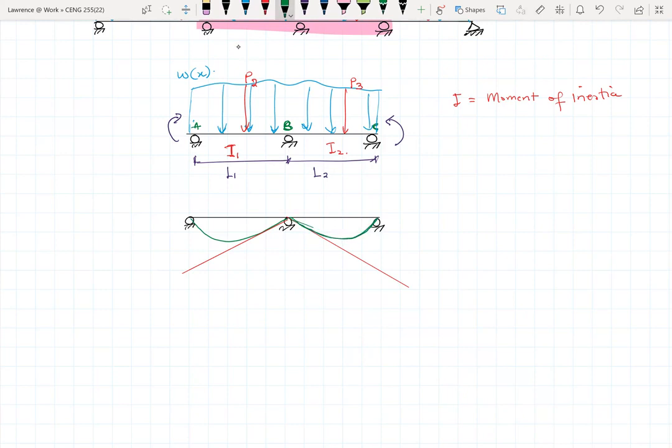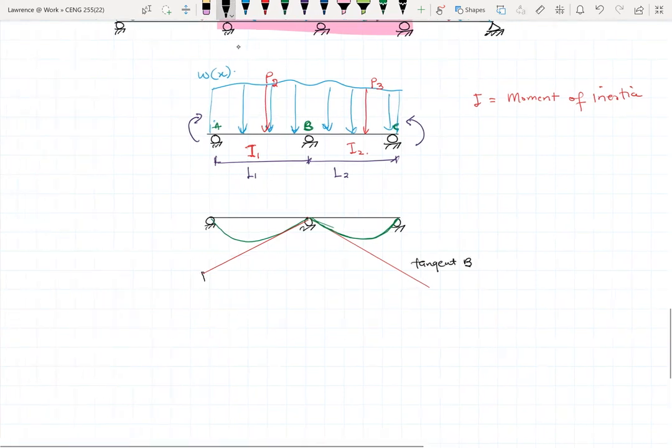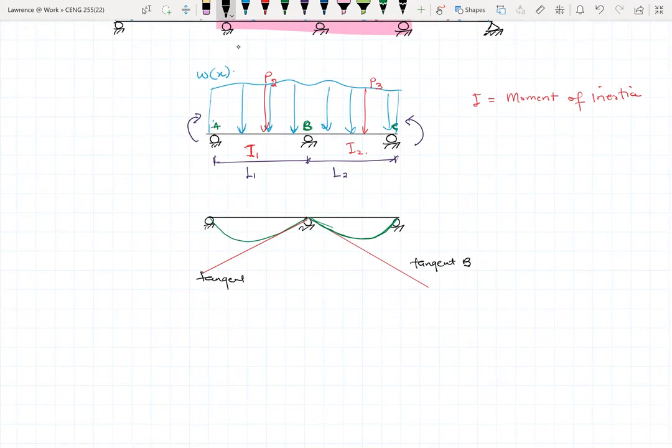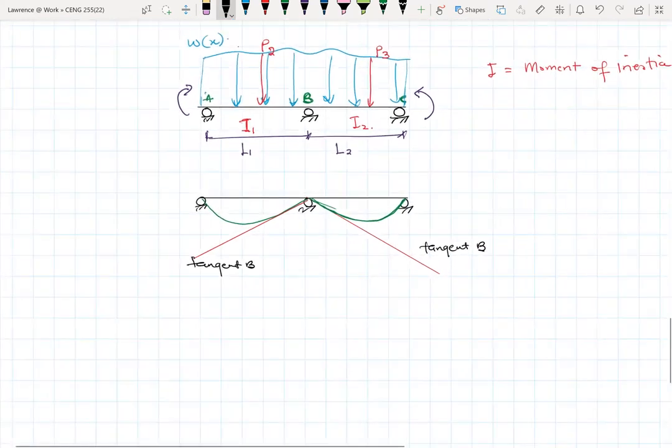This is tangent at B, and this is tangent again at B. The slope on this side is theta BL, and the slope on this side is theta BR, where L stands for left and R stands for right.